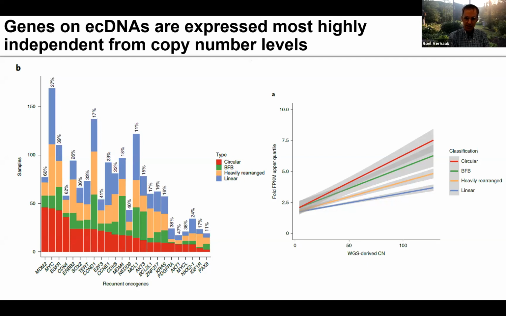But for circular DNAs, this linear correlation was exceeded, and this may have something to do with the open chromatin structure and other properties of being a circular element that makes it more easily accessible for the transcriptional machinery. It also re-emphasizes the functionality of extrachromosomal DNA.